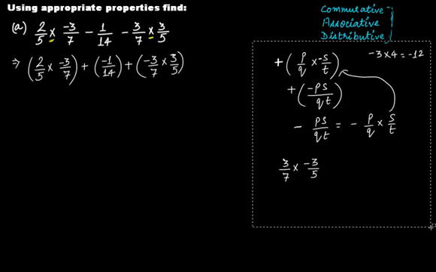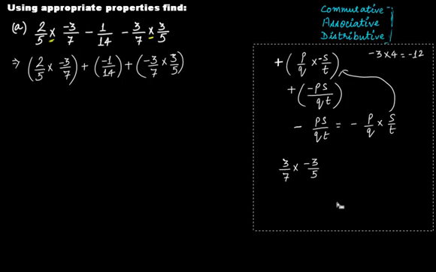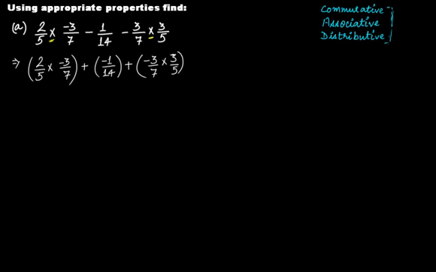Now, you have to listen very carefully, because most of the students make mistakes in this, right? Why did I choose minus 3 over 7 and not minus 3 over 5? That should be the question. Because I have to reach this property, that is the distributive property. And why? The distributive property says one thing: a times b plus c.